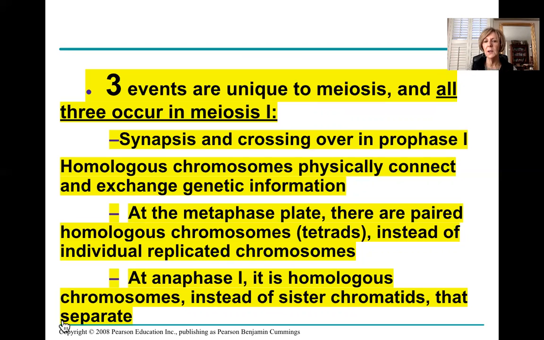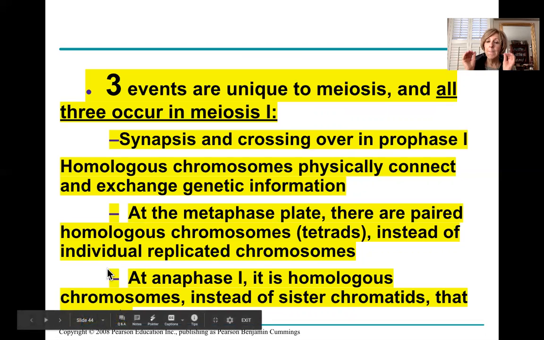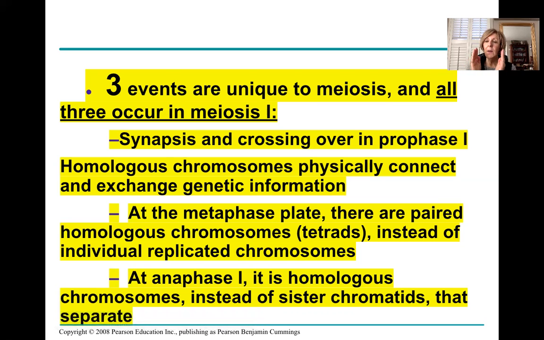That's called crossing over, and that occurs in prophase 1. In metaphase 1 of meiosis 1, the chromosomes are lining up in pairs, not single file. And then in anaphase 1, the homologous chromosomes separate, not the sister chromatids.